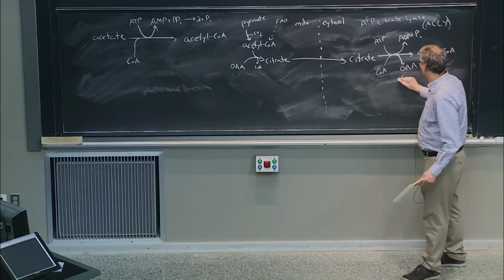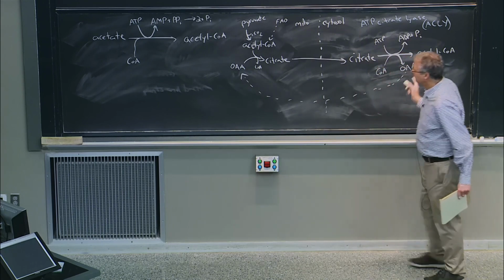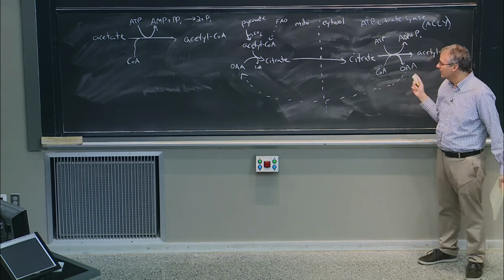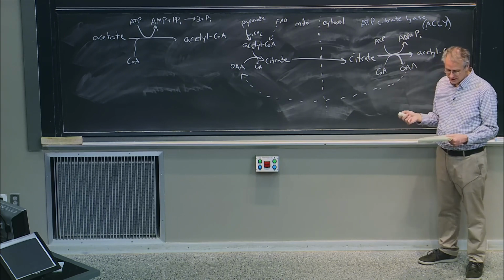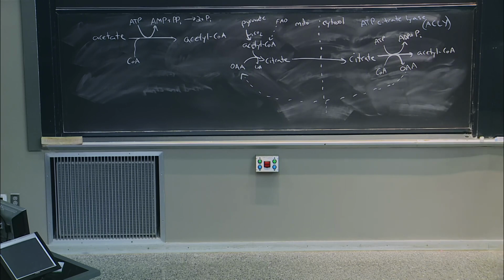And then, of course, that oxaloacetate can be shuttled back into the mitochondria via something like the malate aspartate shuttle, which we described several lectures ago, as a way to make this a complete cycle. I want to spend a little bit of time talking about this because here a lot of metabolism begins to come together.